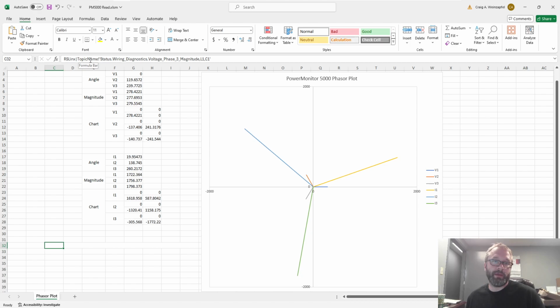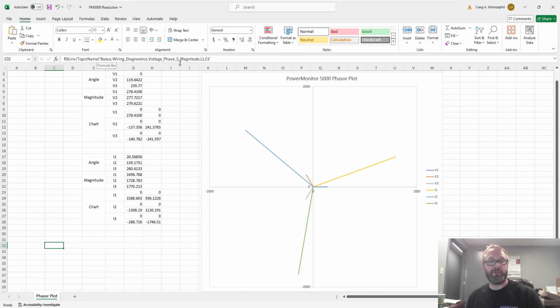My topic is customer named, so I'm not showing you that. This is just where that topic name that you configure in RSLinx, or whatever your OPC server would be if you were using something besides RSLinx, goes. You'd put your topic there. It could be Bob's Manufacturing. Then you would do an exclamation point and then a single quote around the tag name.